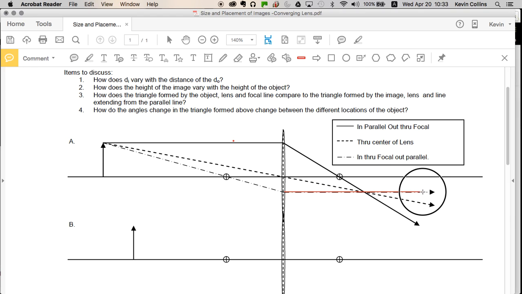We'll come out here, and ideally all three of our lines will intersect. And at this point, this is where our image is formed. Our image, because we went from the top of this object, the arrowhead pointing up there, we now know that the image is here, orientated in that direction.